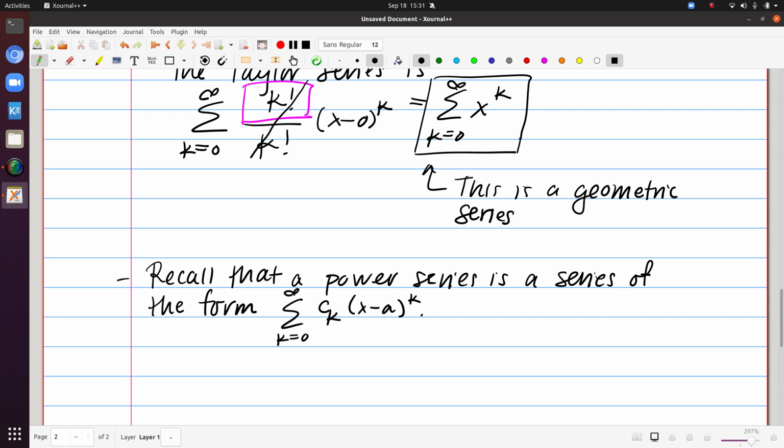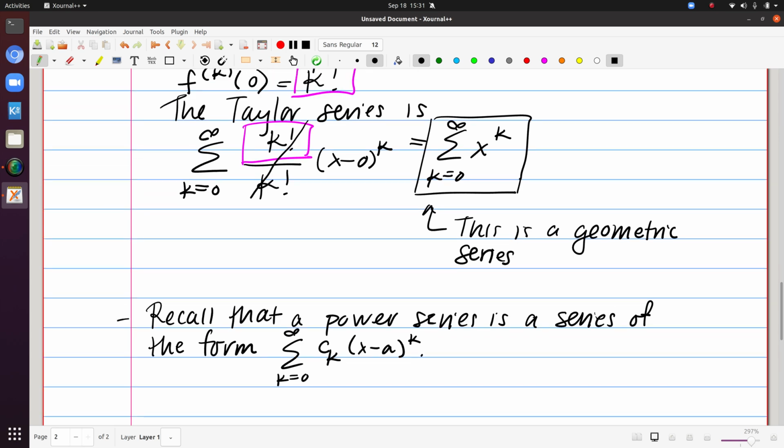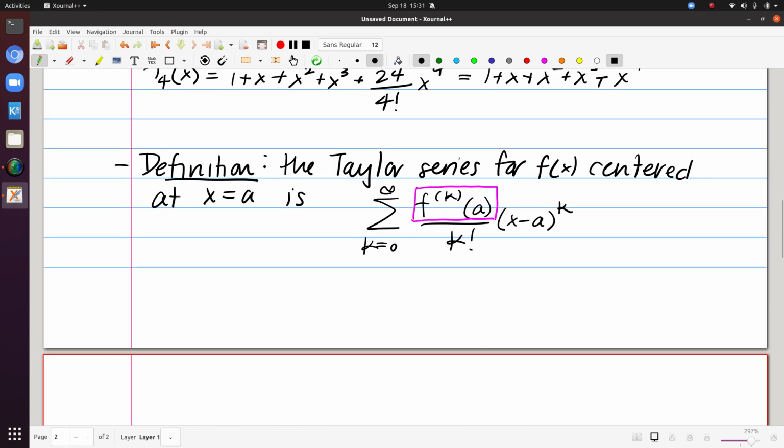So looking at the power series, let's scroll back up to our definition of the Taylor series and notice some similarity.